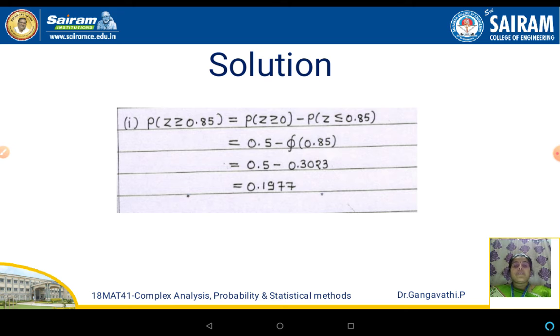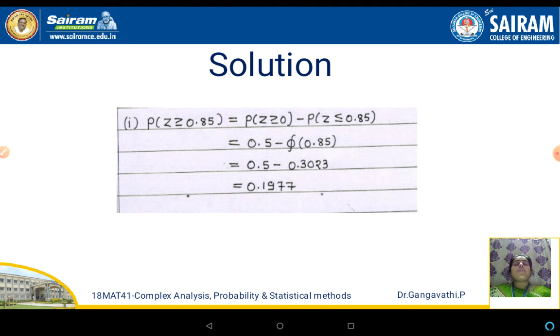The first one is P of Z greater than or equal to 0.85. Whenever we get greater than or equal to, it is always good to take it in the form of P of Z greater than or equal to 0 minus P of Z less than or equal to 0.85, because greater than or equal to 0.85 can go up to infinity.